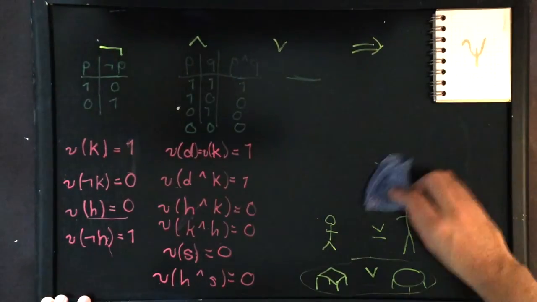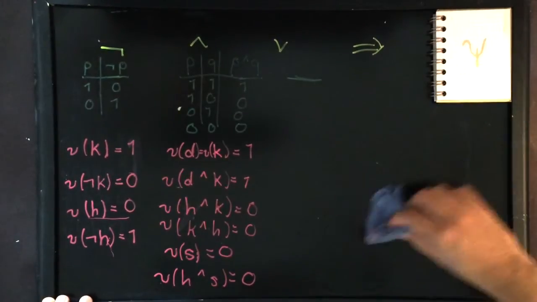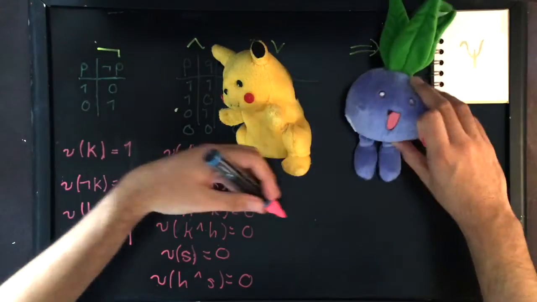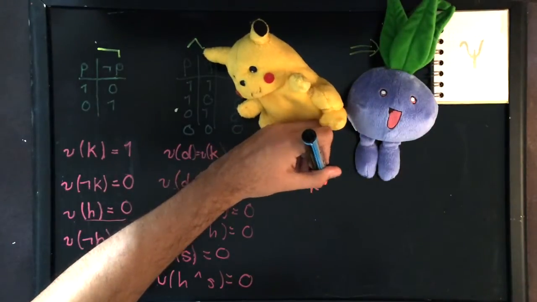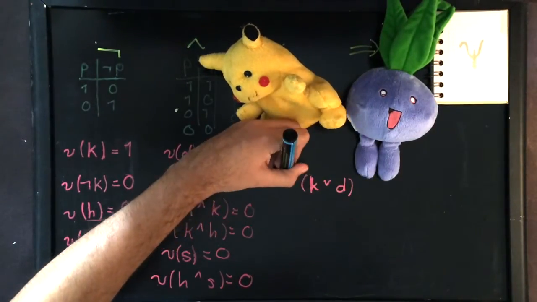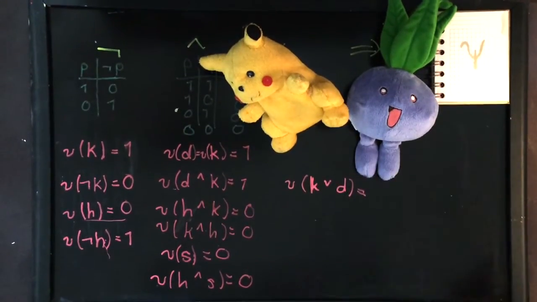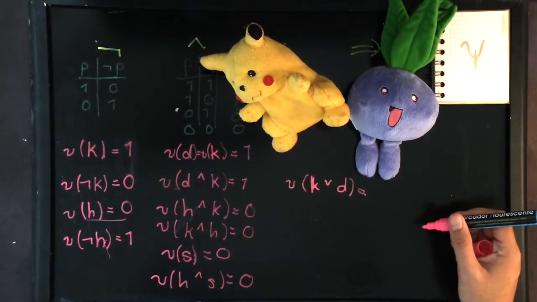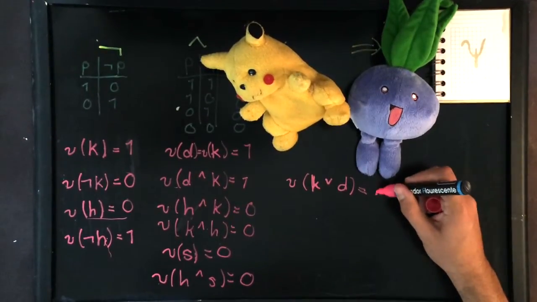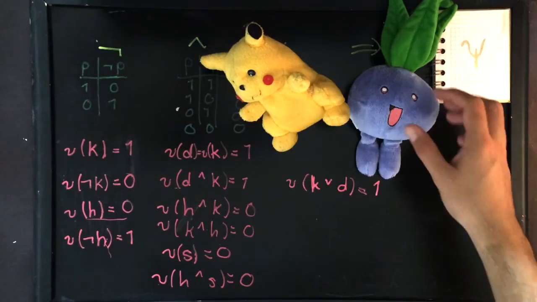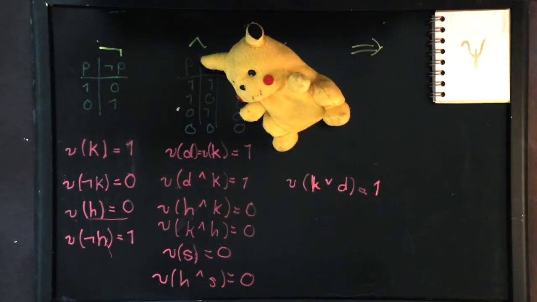Based on what we just said and the experience with our language, what truth value does the proposition K or D have? That is to say, Pikachu is a Pokemon or Oddish is a Pokemon. Actually, both are true, and it is not hard to assign the value true to K or D. Let's see what happens if we have a disjunction of a true proposition and a false one.